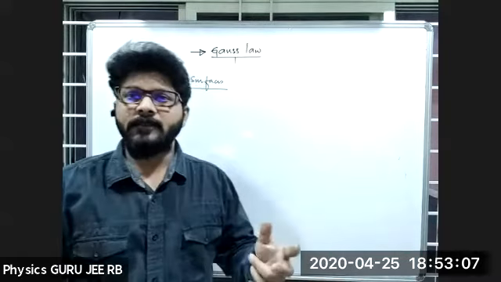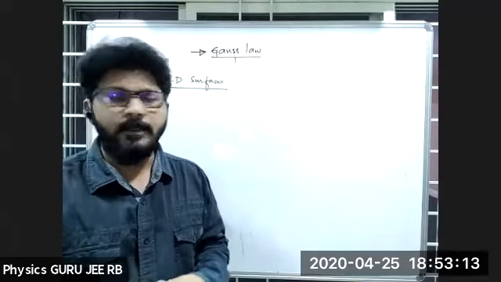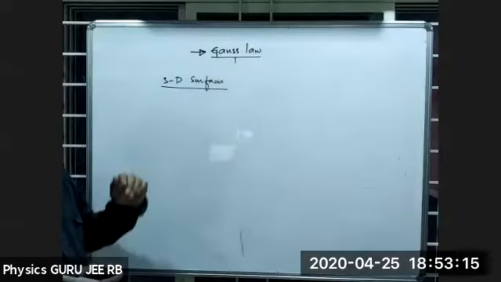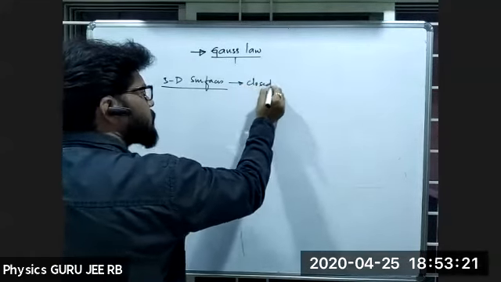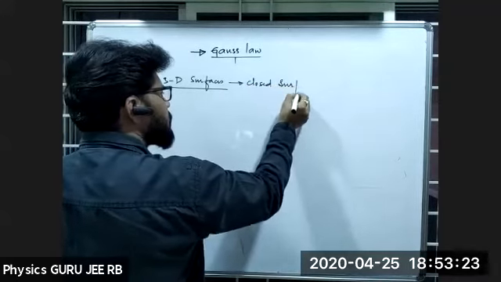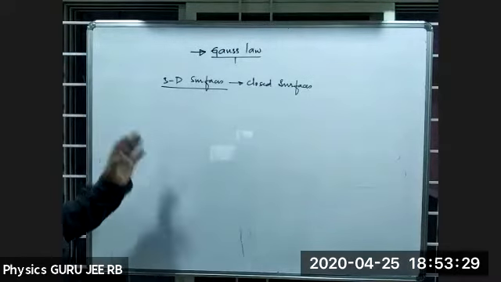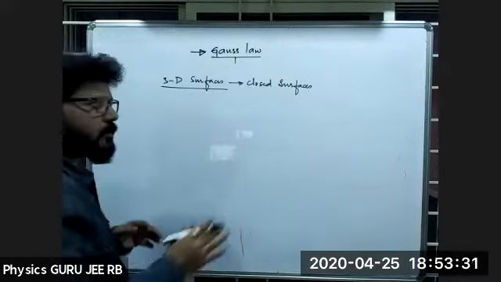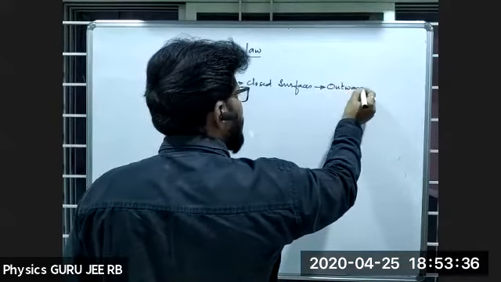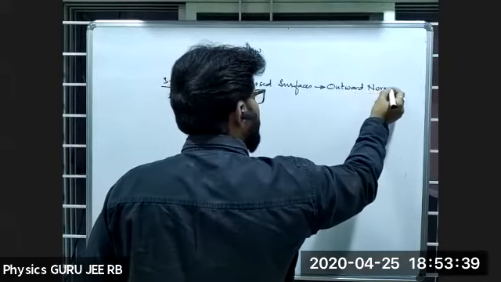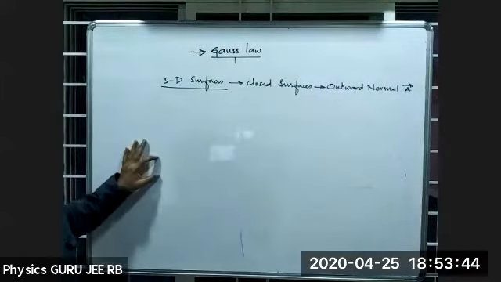If I take the 2D surfaces, they are open surfaces. Let me take one cube for a closed surface. For 3D closed surfaces, only the outward normal is considered to be the area. The outward normal is nothing but the area vector. Hope that you got it.